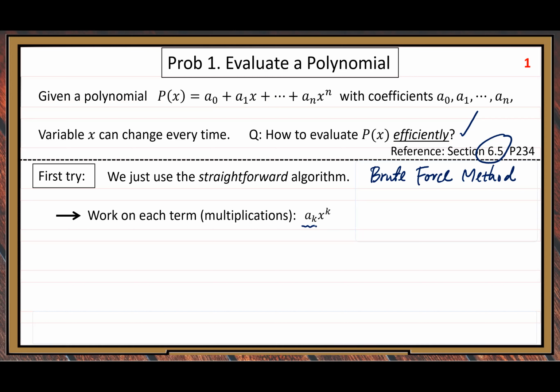That one we can call a monomial, not polynomial, so a single term. This term corresponds to a monomial. To calculate the value of this term, we only need to use multiplications, right?